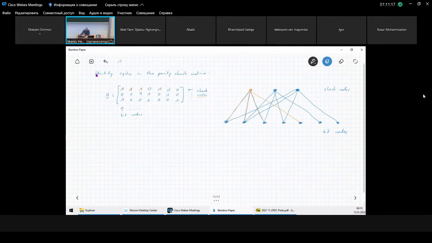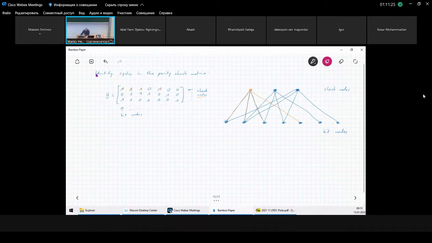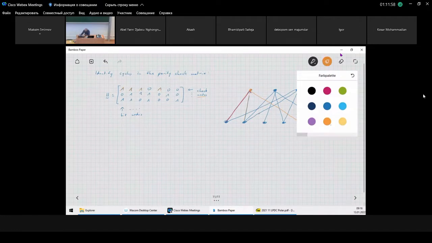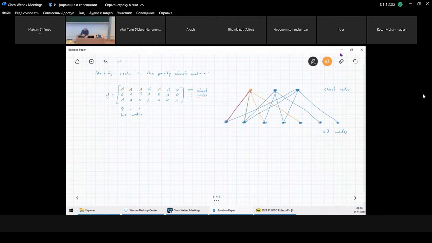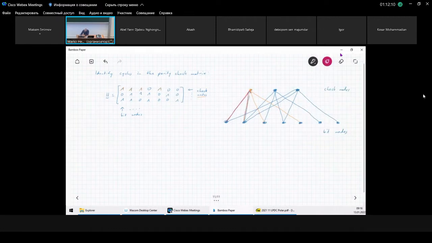Now let's look at this cycle we found. Cycle over this guy here, this one. See the cycle, it's actually going down the second one, then up to the third one, back to this guy.